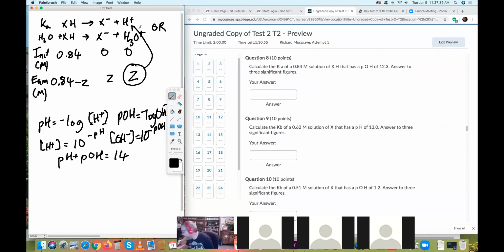We have the POH, so I think we can solve for the pH. Well, I'll just say that pH is equal to 14 minus the POH, 14 minus 12.3, and that's going to be 1.7.